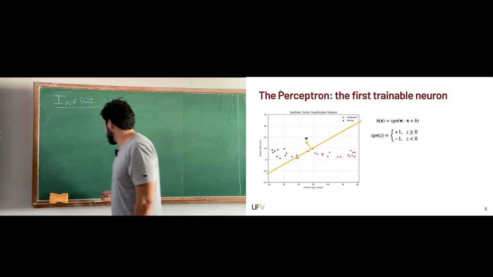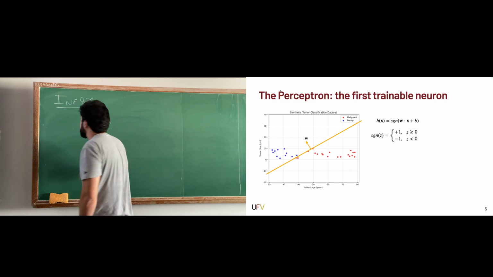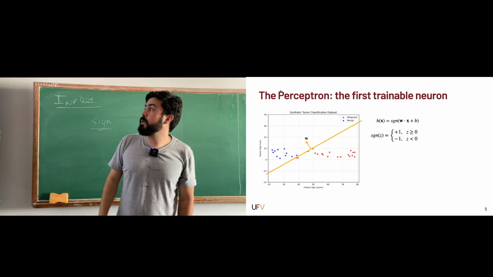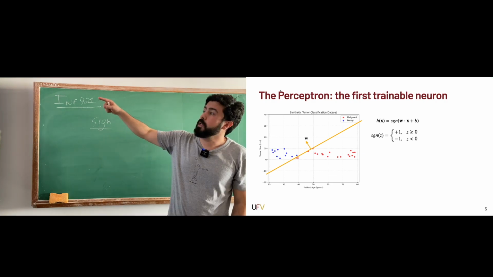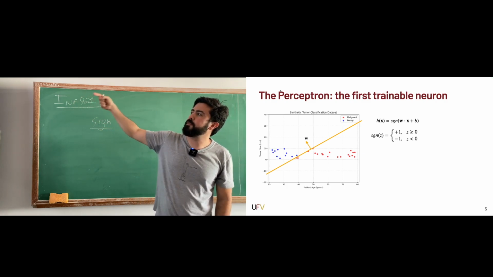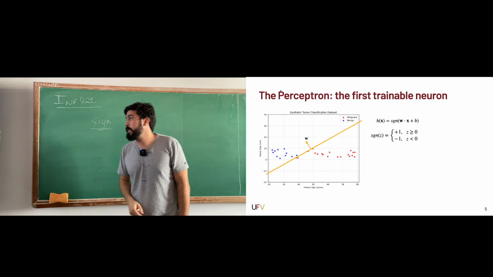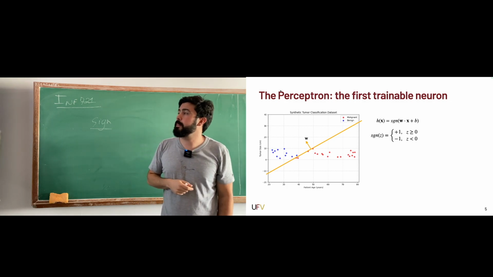It's sign in the sense of the numerical sign. So this function returns +1 if z is equal or greater than 0, and -1 if z is less than 0.